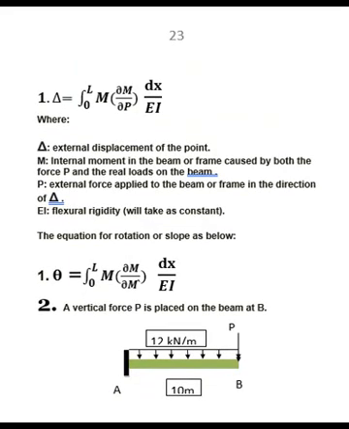Delta is equal to the integration of m, which is the internal moment in the beam or frame caused by both the force P and the real loads on the beam, times dm over dP, which is the partial derivative of m with respect to the force P. The force P is an external force applied to the beam or frame in the direction of delta.